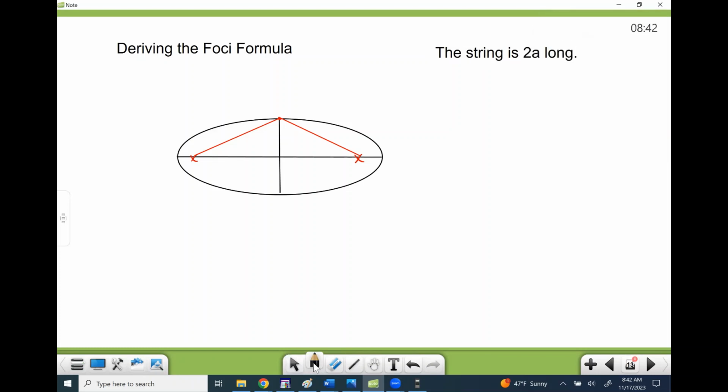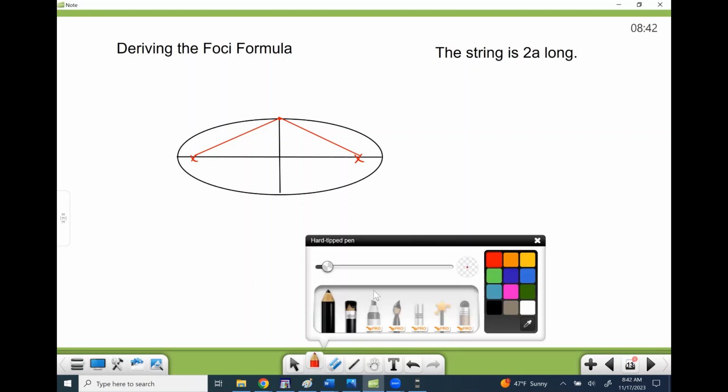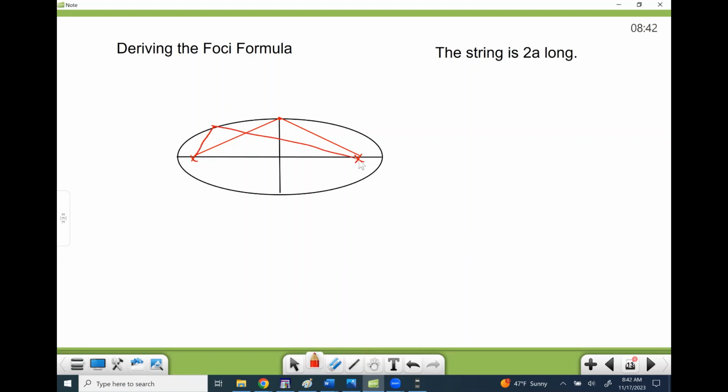So if I place it not someplace like this, where it's not divvied up perfectly, but exactly how we placed it here, well, then that must mean that this must be A and this must be A. That way the string will add up to A plus A, in other words, 2A.